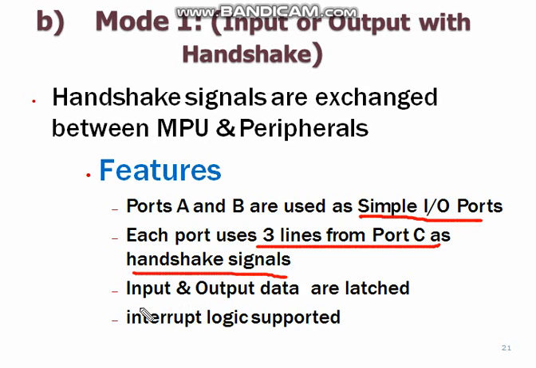Both your input and output are latched, which means I can store my input temporarily and I can store my output temporarily for a certain period of time. Interrupt logic is also supported, so I can interrupt the microprocessor and do the data transfer.